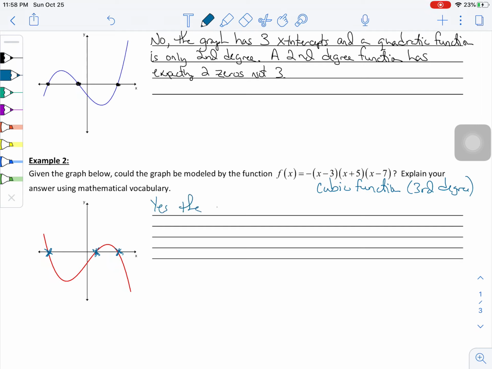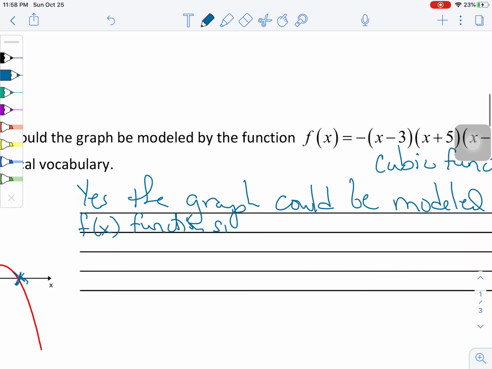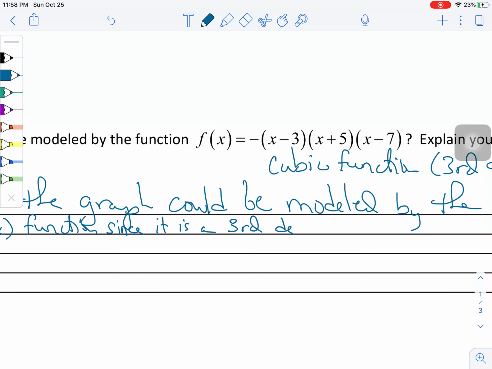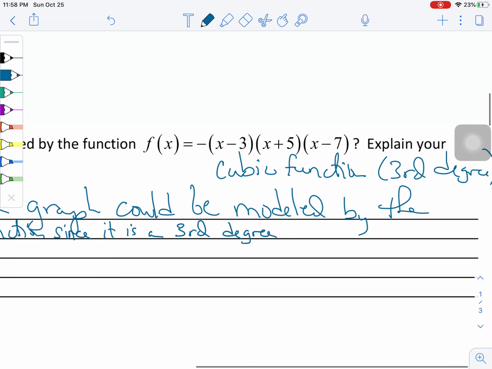So yes, the graph could be modeled by the f of x function, since it is a third degree function.